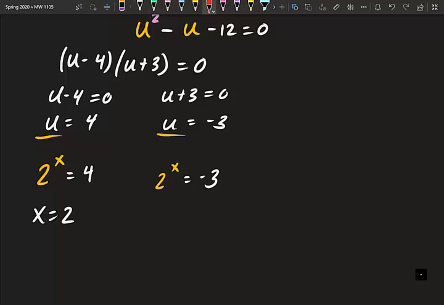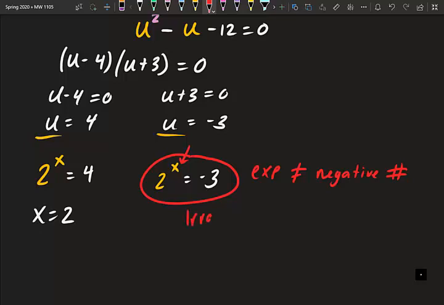But here, can an exponent ever equal a negative? It can't. Because no matter what, it's just going to be a fraction, right? No matter what number I plug in as x, it's never going to be negative. Also, we can't solve it because it's negative. So this is called irrational, meaning we can't solve it. Our only answer is 2.